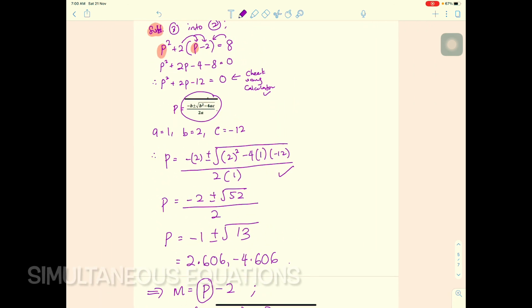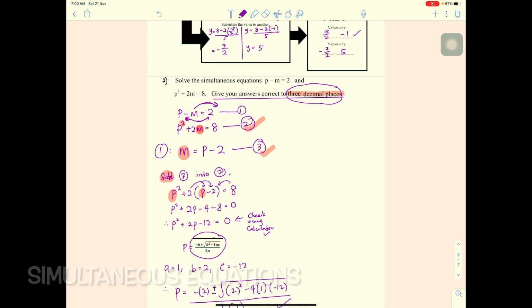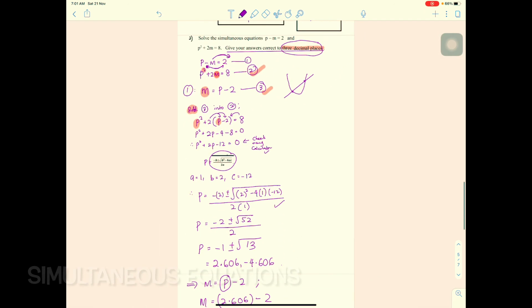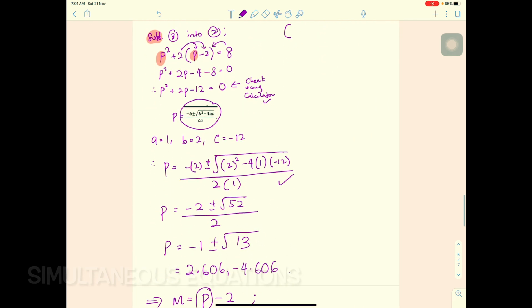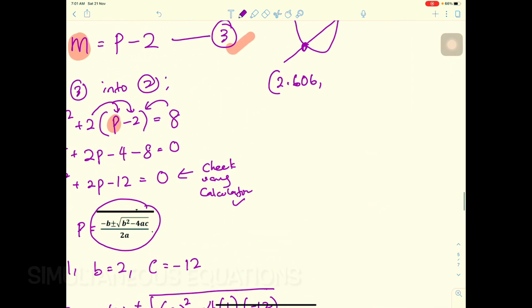I hope you can understand why we must do the simultaneous equation between the curve and a straight line. When you combine like this, you will get 2 points. For example, the first one is 2.606 for p, and 0.606 for m.